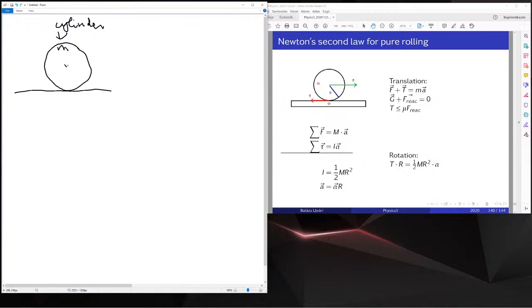It has a mass, an axis of rotation, and a radius. It's a surface with friction, and we move it with a force F. Let's say F is 100 Newton, radius is 0.5 meter, mass is 10 kilogram.